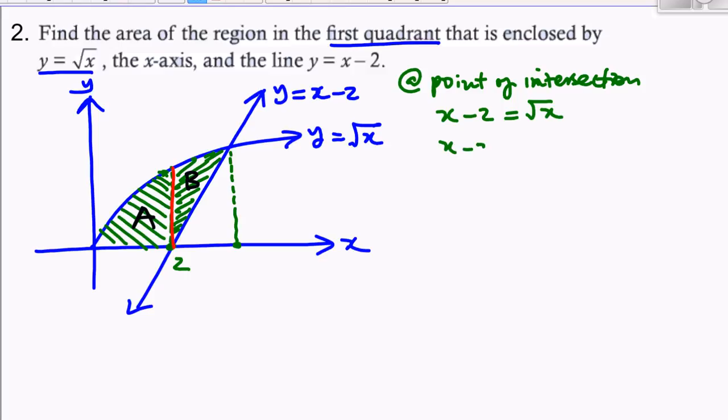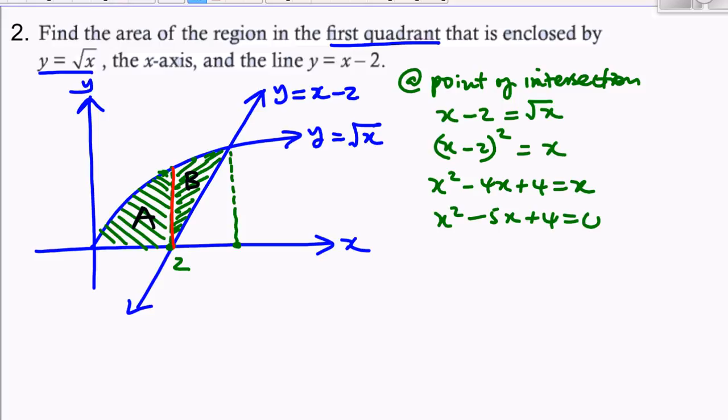So (x minus 2) squared will be x, which means x squared minus 4x plus 4 equals x. So x squared minus 5x plus 4 equals 0. Factorize that: (x minus 4)(x minus 1). So x equals 4 and x equals 1.